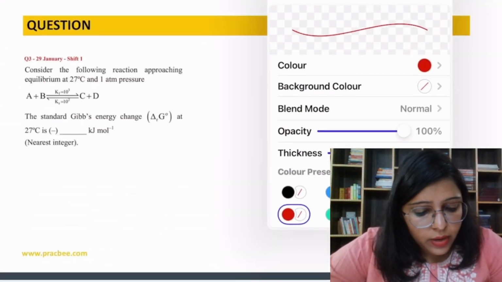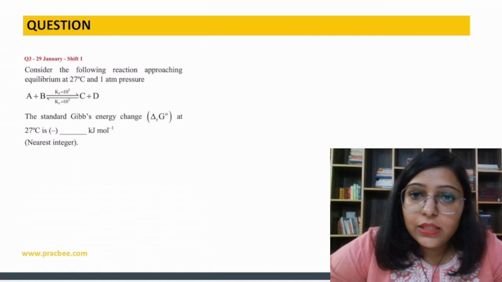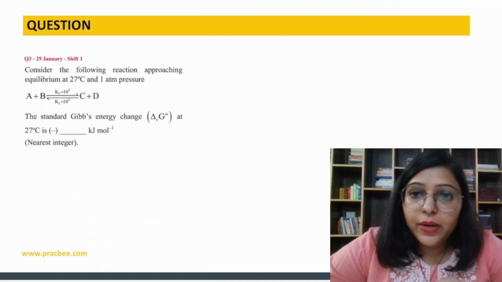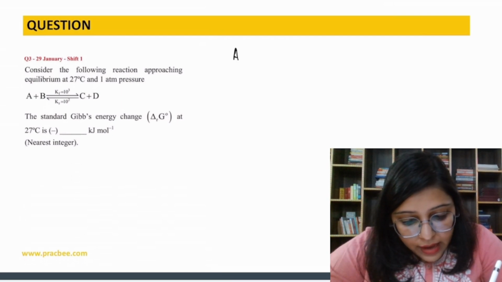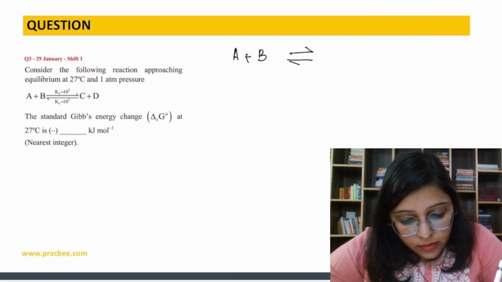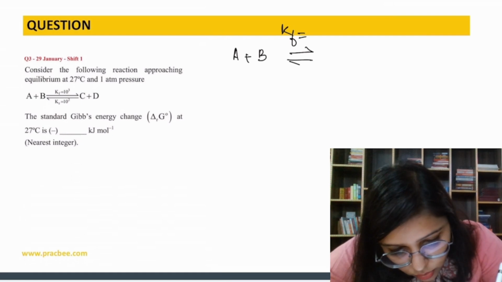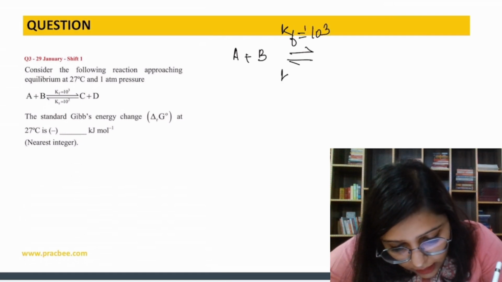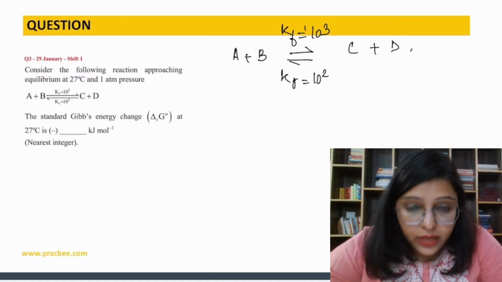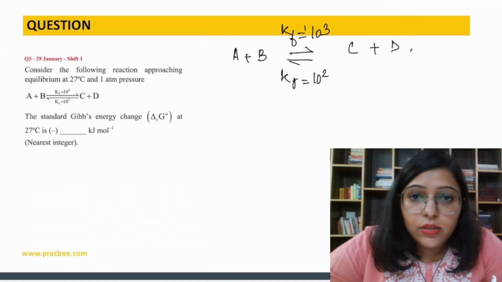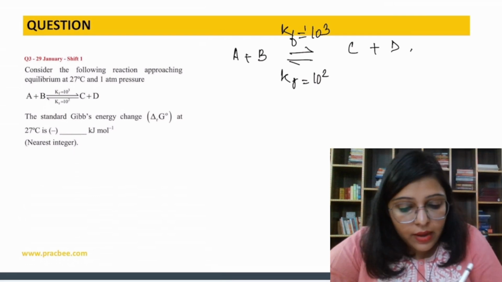Now let's check for this. Consider the following reaction approaching equilibrium at 27 degrees Celsius and 1 atm pressure. We have A plus B, Kf is 10 to the power 3 and K reverse is 10 to the power 2, and we get C plus D. So we have to find out the standard Gibbs free energy. Which formula do we have to use?